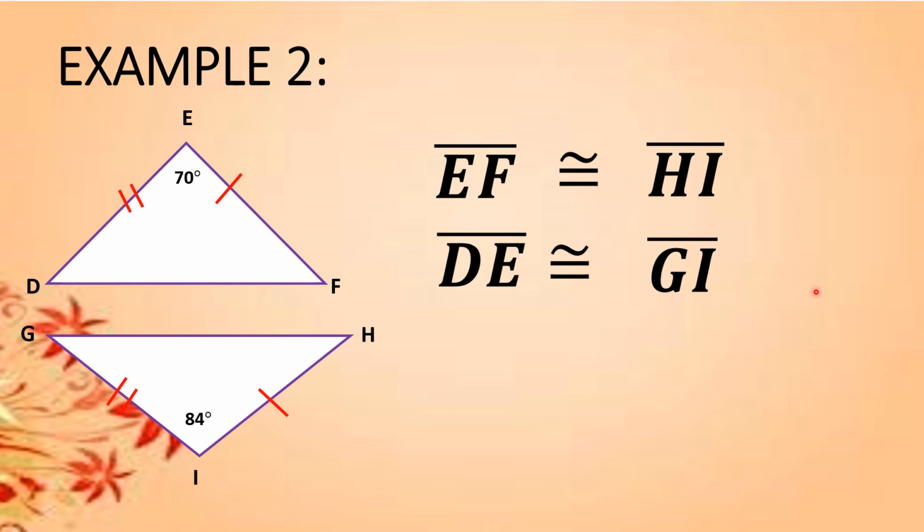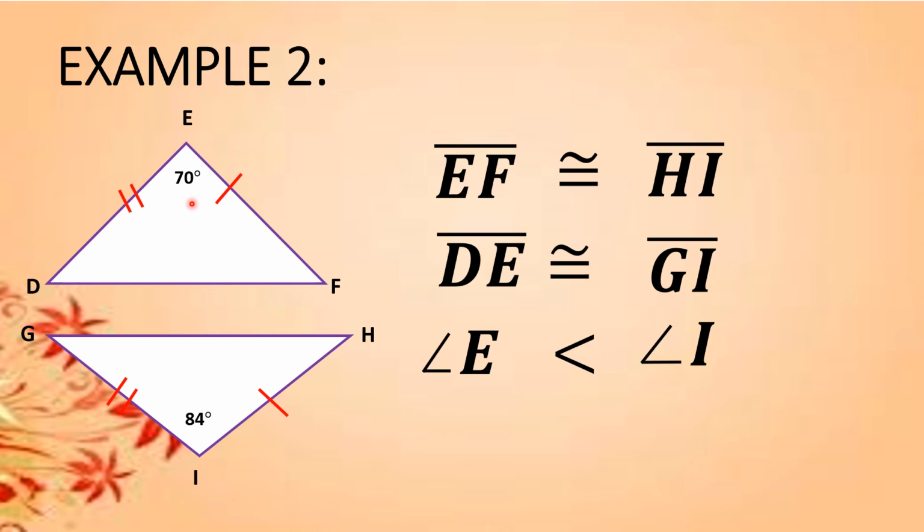Okay, and then for the included angles, they're going to have yung kanilang relation symbol, no? Kung greater ba siya, less than, or equal. So for angle E, as you can see, which is 70 degrees, compared dito kay angle I na 84 degrees. So we can have that angle E is less than angle I. No?